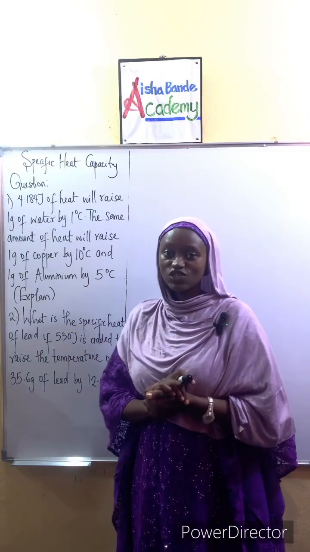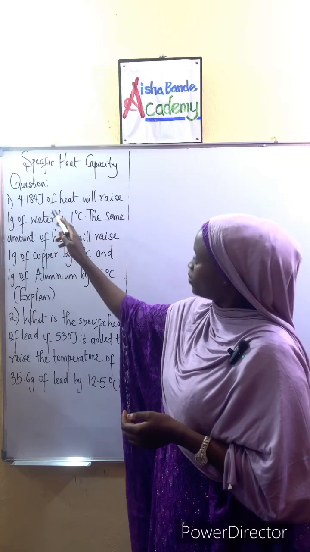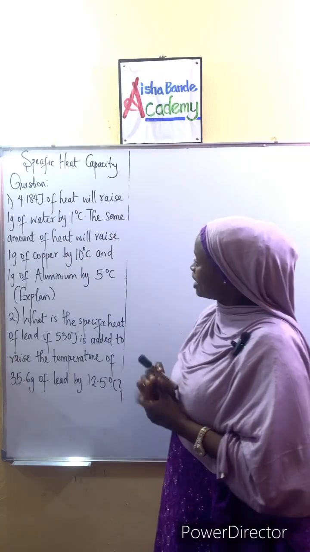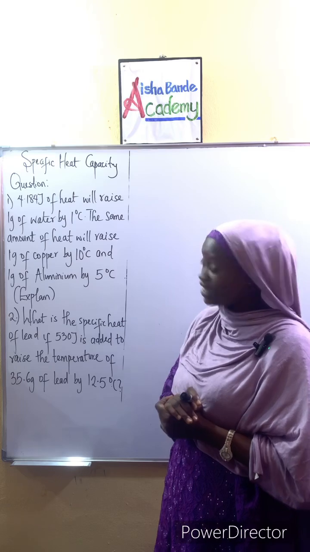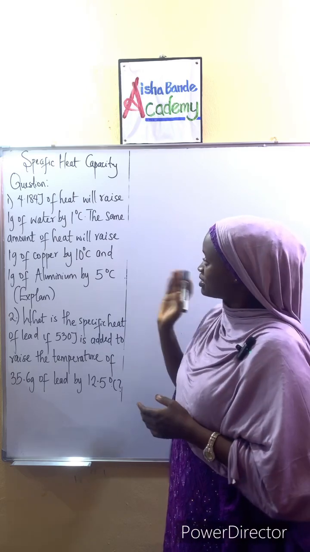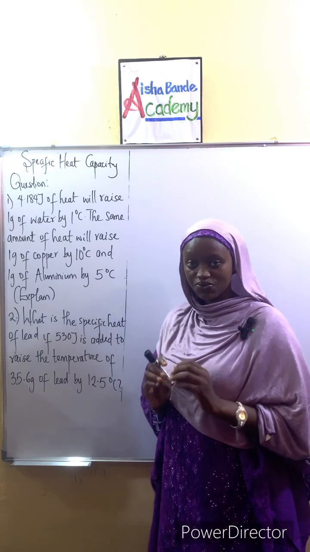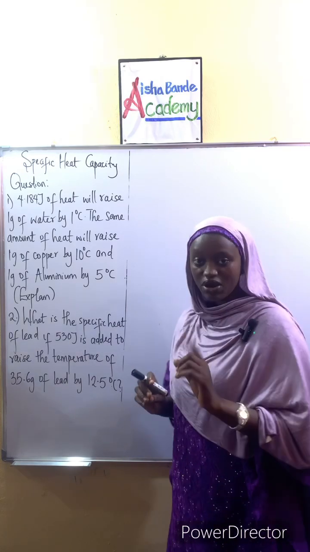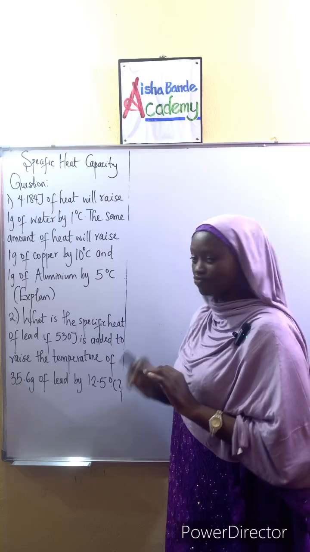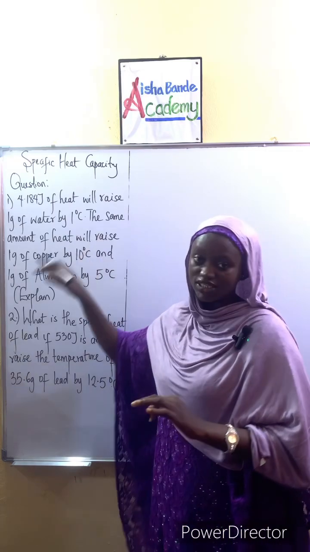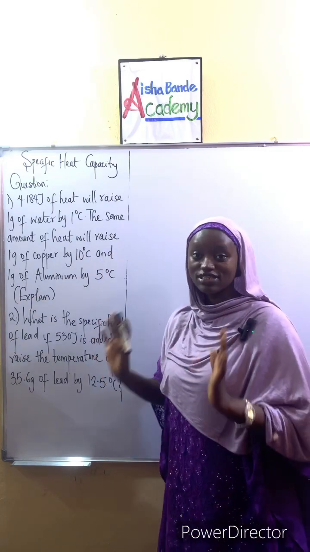So let's look at the first question, which says that 4.184 joules of heat will raise 1 gram of water by 1 degree Celsius, and the same amount of heat will raise 1 gram of copper by 10 degrees Celsius and 1 gram of aluminium by 5 degrees Celsius. We are asked to explain this. This is very easy.